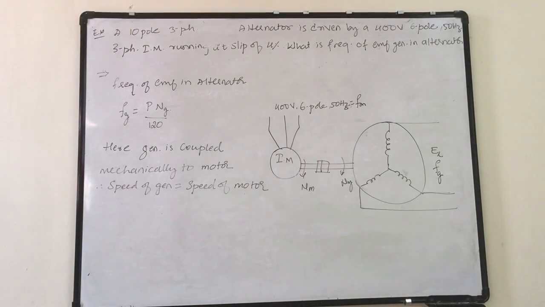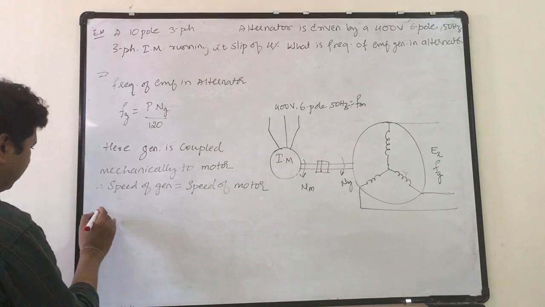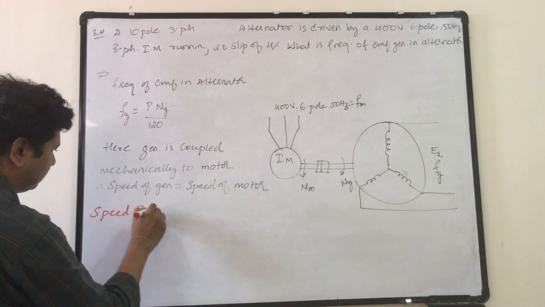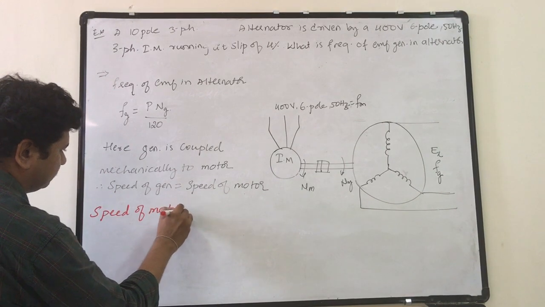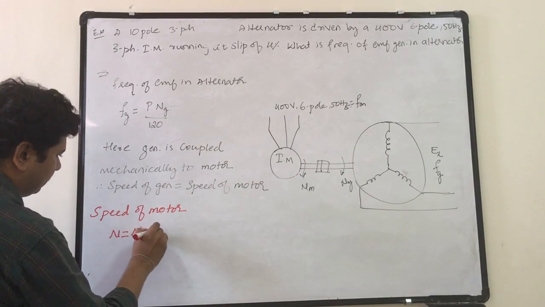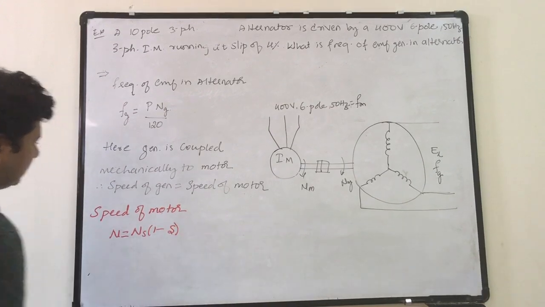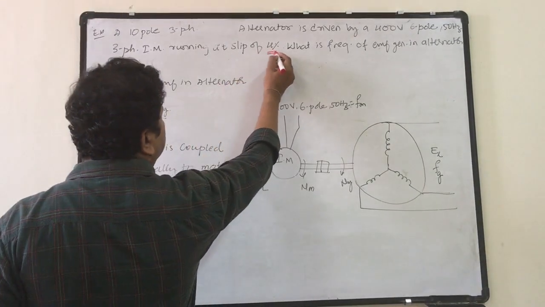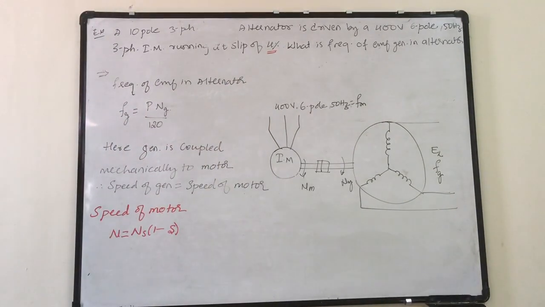Then what is speed of motor? Speed of motor N is equal to Ns into 1 minus S. S is known, it is 4%. The motor is running with a slip of 4%.